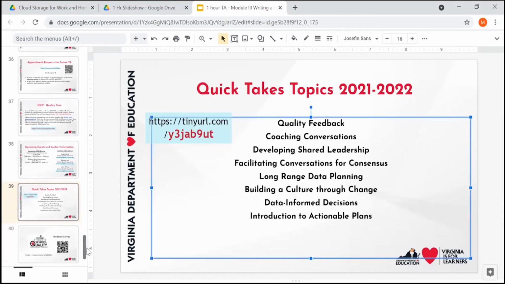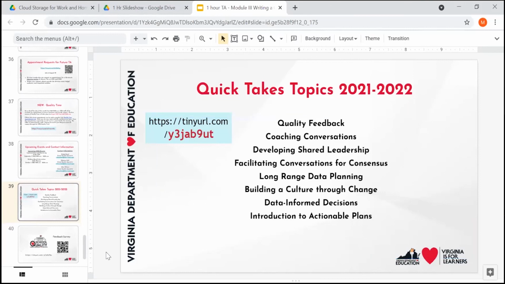They cover a research brief, information from our director, Dr. Ortiz, information about upcoming events, registration links, the links for quality time, and information about other things going on in the agency. It's a good overview of things happening within OSQ and resources that could help your work as you're thinking about school improvement, that CSIP, setting those goals for the year, and your next steps.